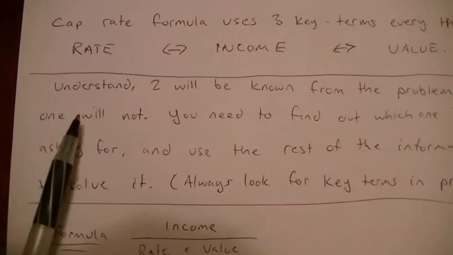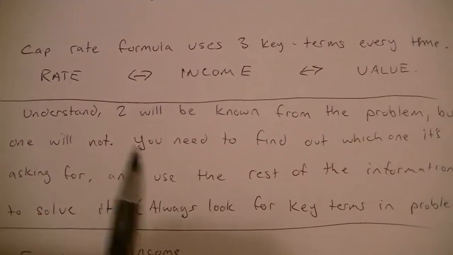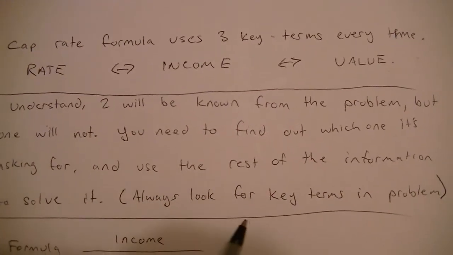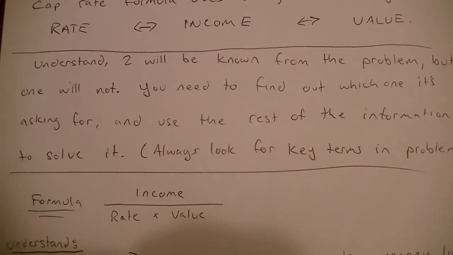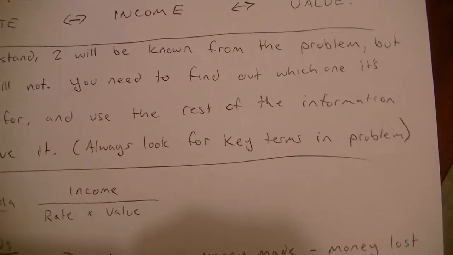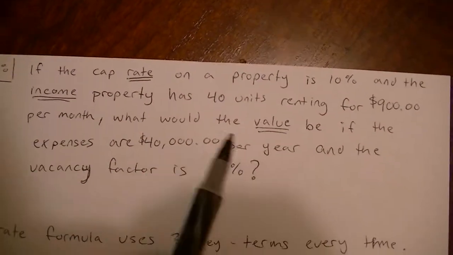Now, understand, 2 will be known from the problem, but 1 will not. You need to find out which one it is asking for, and use the rest of the information to solve it. Always look for the key terms in the problem, like I said: rate, income, and value.